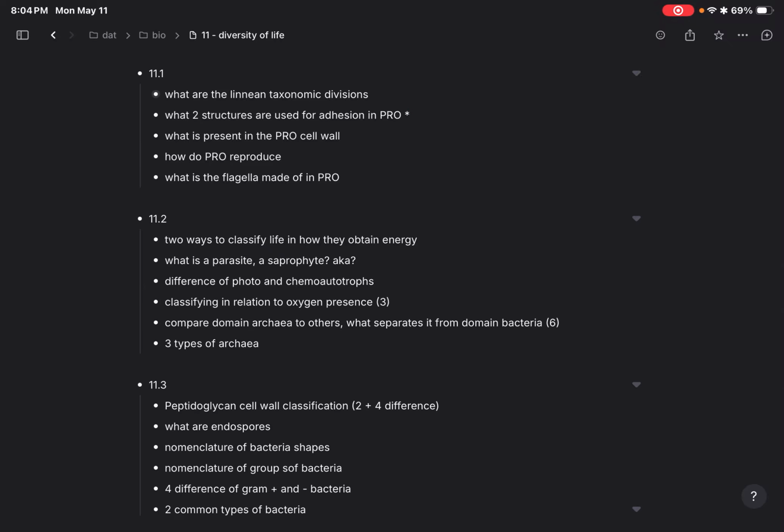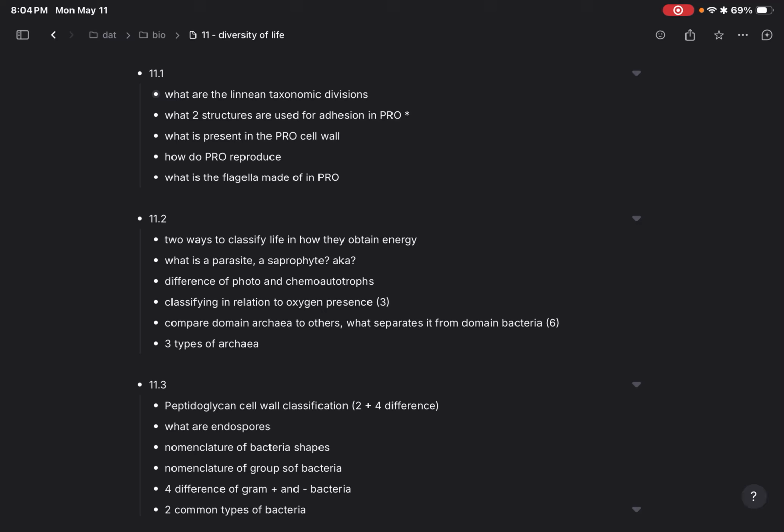What is present in the prokaryote cell wall or bacterial cell wall? That's peptidoglycan. How do prokaryotes reproduce? They use binary fission, which is just creating identical copies. What is the flagella made of in prokaryotes? It's made of the flagellin protein.